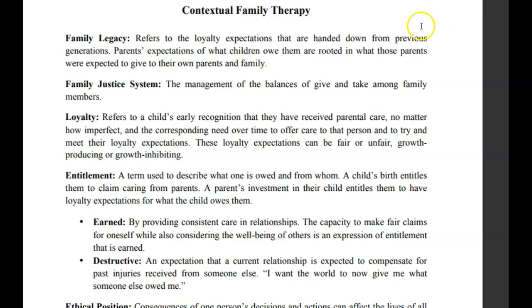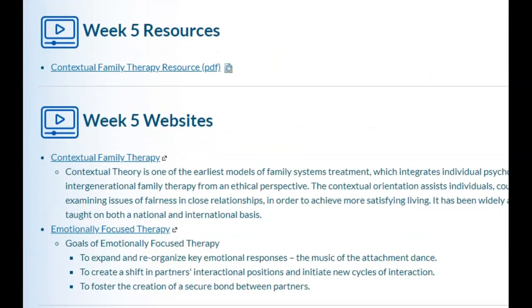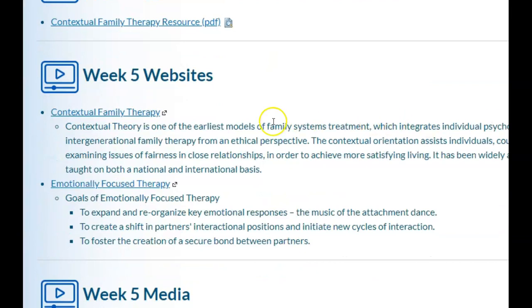So this talks about contextual family therapy and lays out in detail the concepts and components of that therapeutic approach. And then there are 2 websites. One that looks at contextual family therapy and one that looks at emotionally focused therapy.